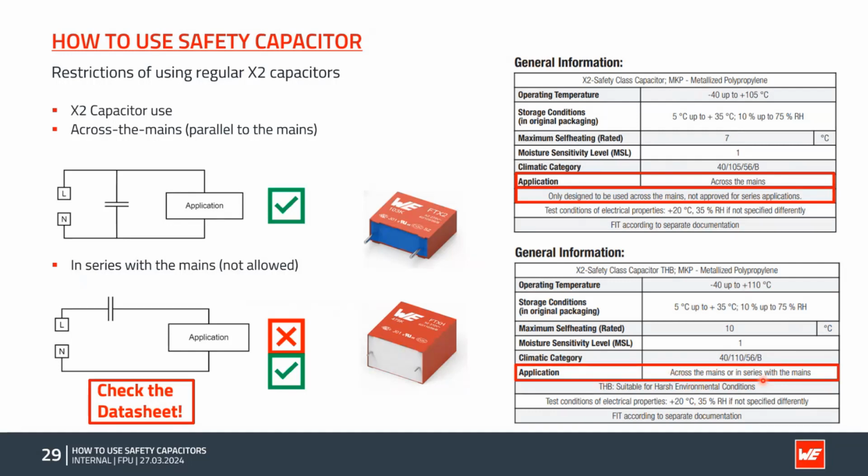Some of them are for both, across the line and in series, but please really check the data sheet because not all of them are allowed for both applications. That was just a short talk about the restrictions of capacitors.